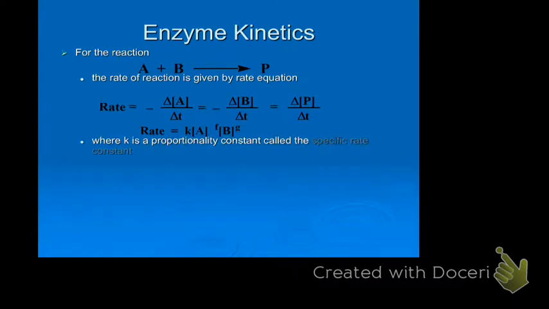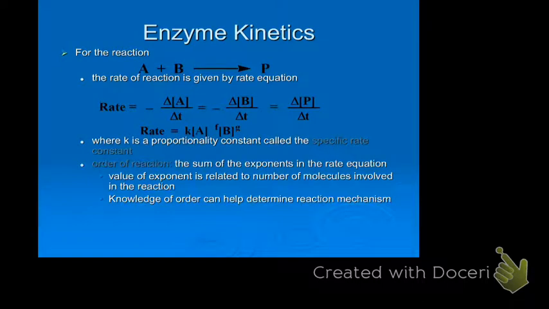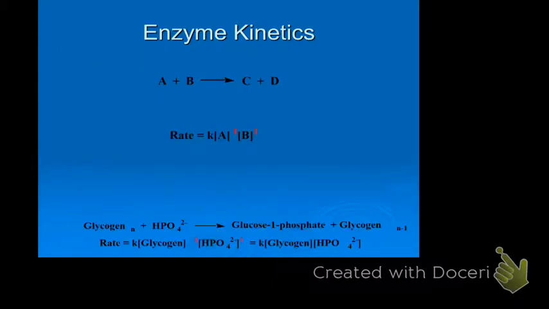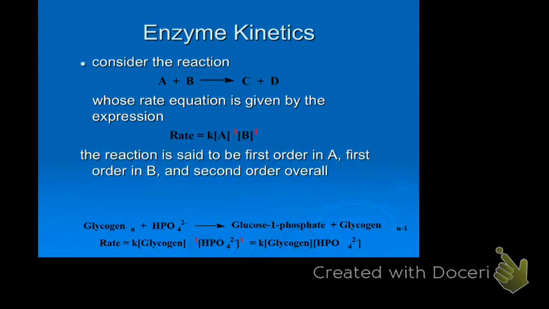And so, yeah, the rate constant is just a proportionality constant. It gives you an idea of how fast something goes. And then the order of the reaction is just the sum of all of the exponents, and it helps you understand the mechanism. So in this instance here, it says it's first order with respect to A, first order with respect to B, second order overall.